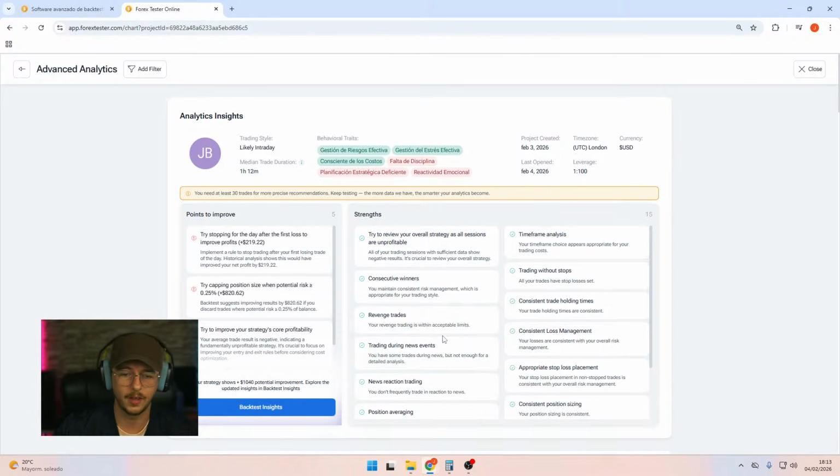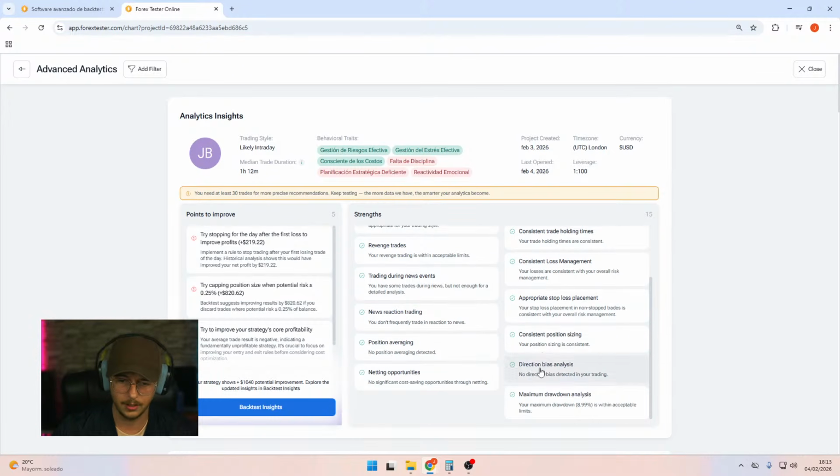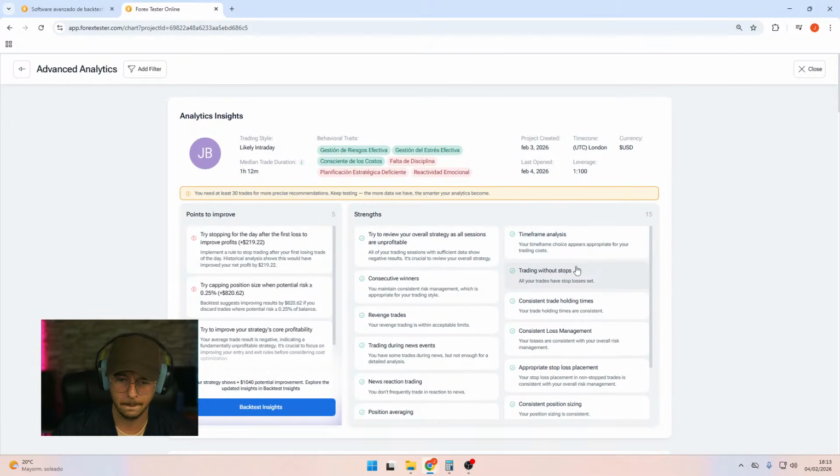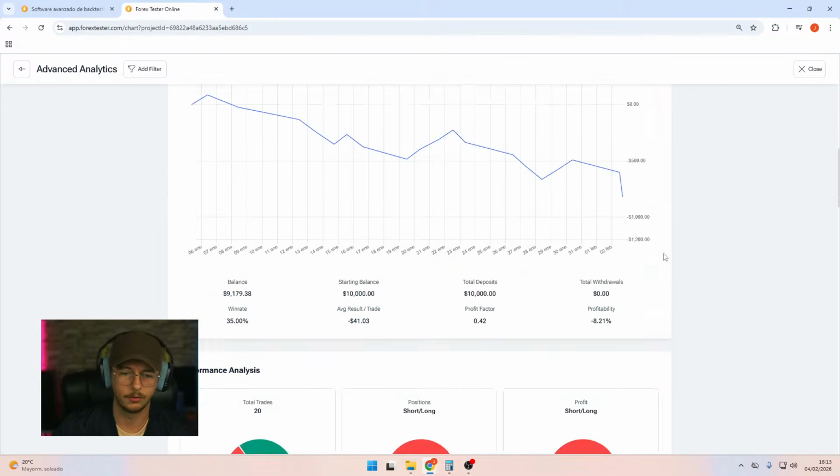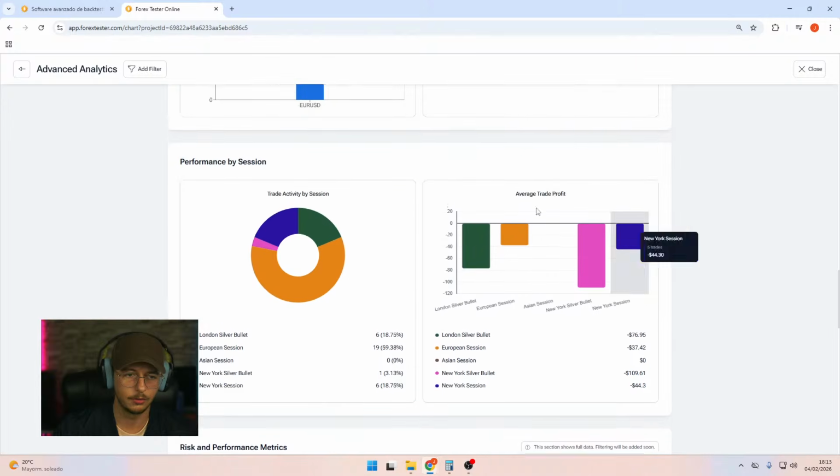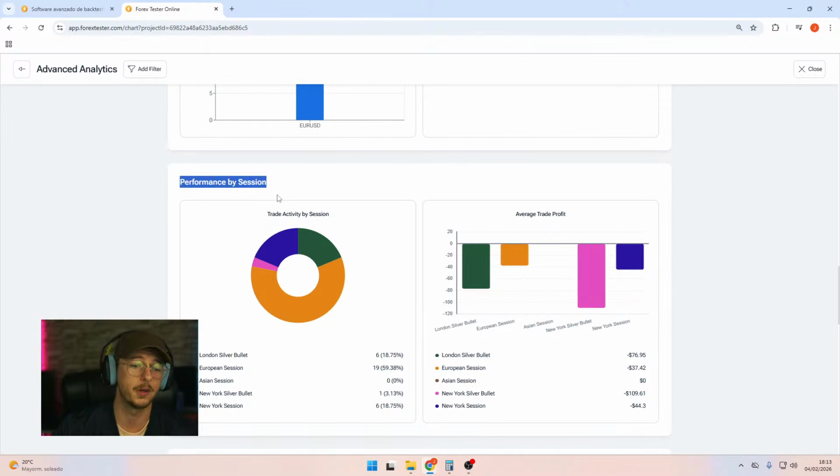And as well, something that I really like to check out is, where is it? I know it's down here. With the new update, it's come by here. Performance by session. Here I can basically see the trades that I've done on each session and how they have performed.